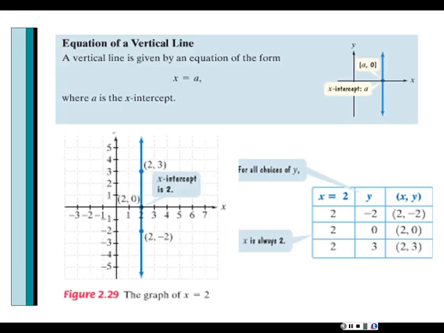Since it intersects x, you will always know the x-intercept. For example, let's say your blue line has x-intercept a, and you just need that. x equals a will be your equation.